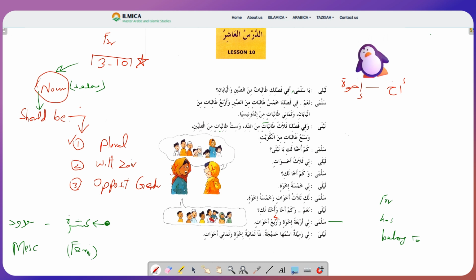So I have four sisters. Let's see whether all these three things are fulfilled here or not. First thing, what is the madud in this arba'u akhawatin? Which word is the madud? Can you tell?